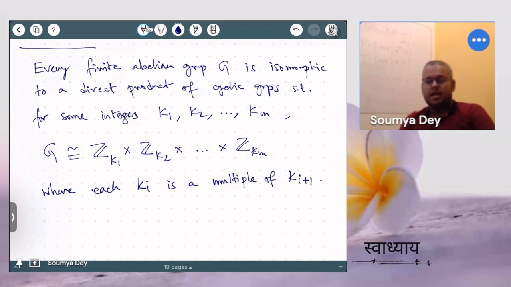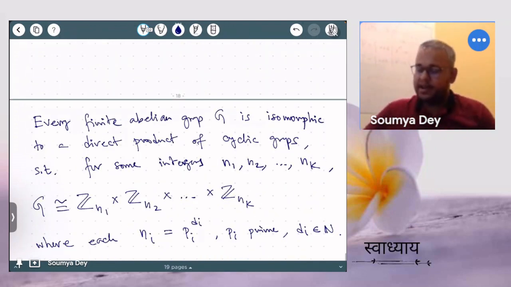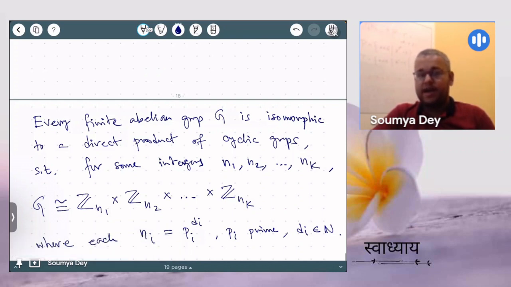How can you make sense of this, given we have already proved the other version? Any ideas? Suppose you can find this structure, that your group is isomorphic to Zn1 product Zn2 product Znk, where all these ni's are pi to the di for primes pi.